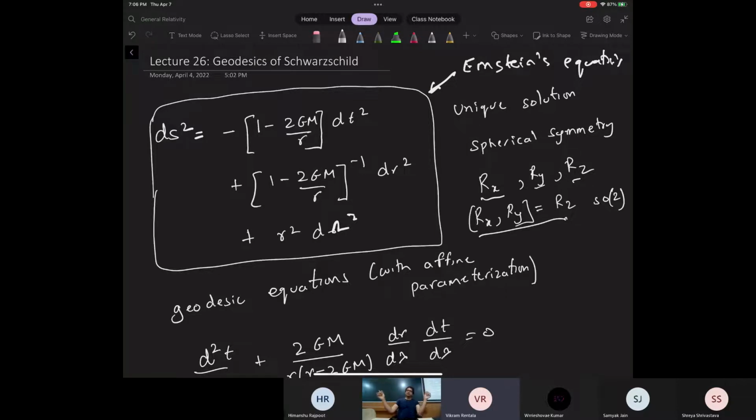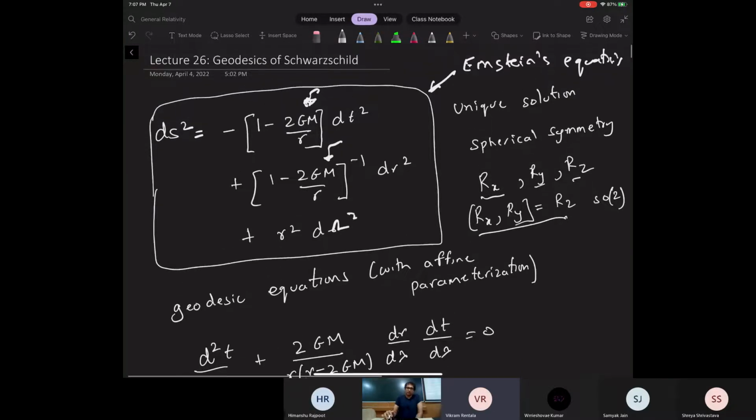Which means you can keep going inward in radius till you encounter, let's say, some matter or energy which is distorting your space-time. Outside of that, as long as you have spherical symmetry, this solution should work. Okay, and this is a family of solutions where M parameterizes a particular solution. They all vary based on just the choice of this constant M.